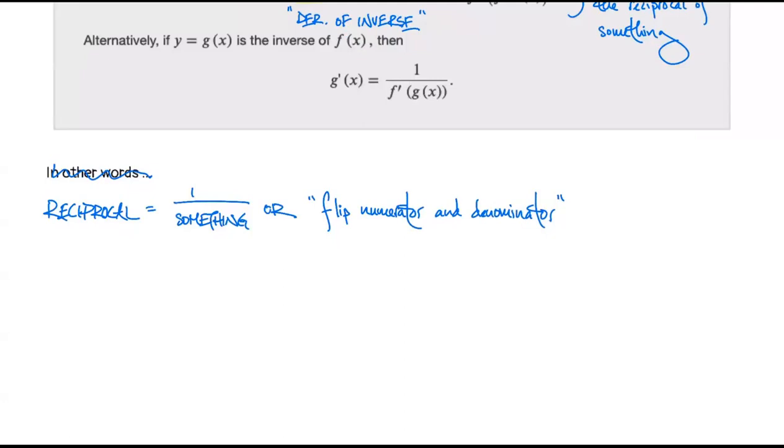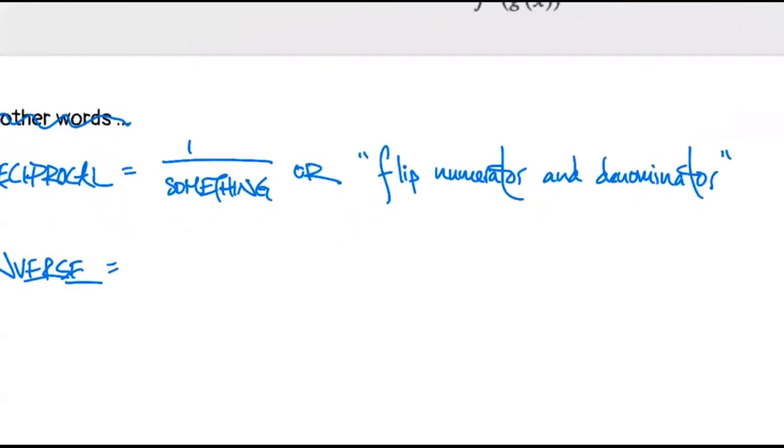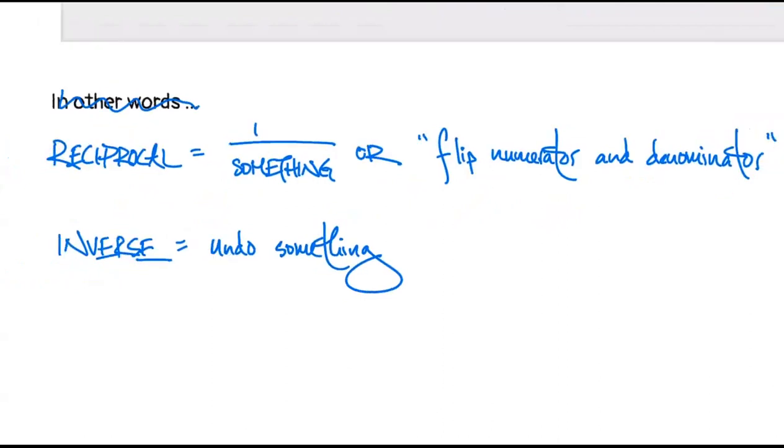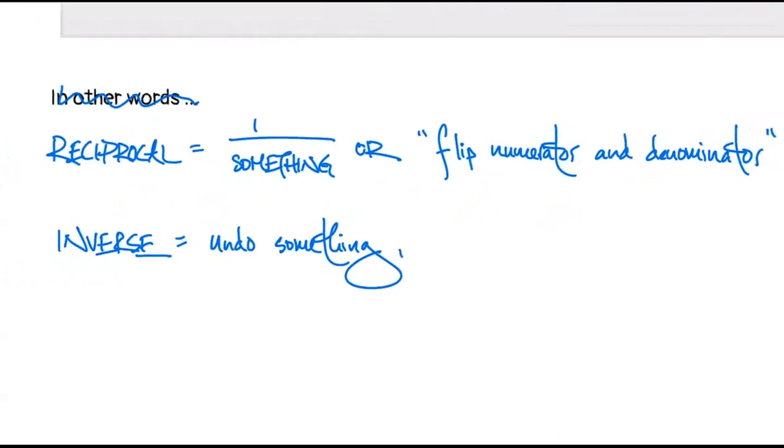Okay, an inverse means something different. An inverse means that you undo something. Okay, and so we typically think about inverses like plus minus. That's a pair of inverse functions. What's the inverse function of multiplication?